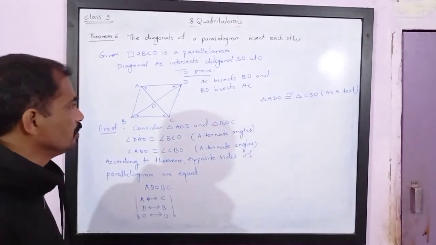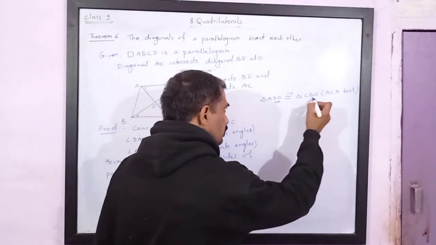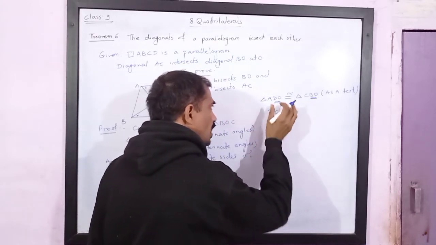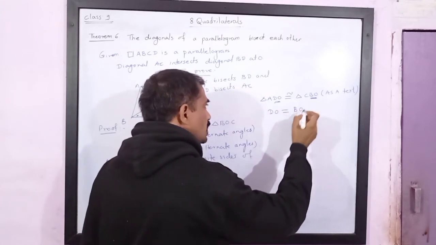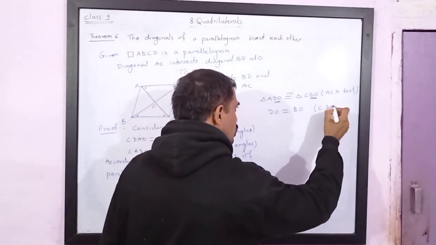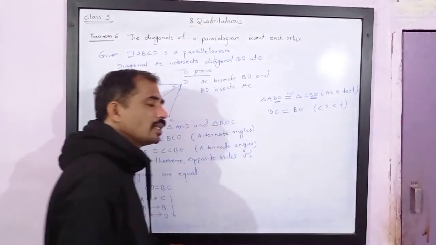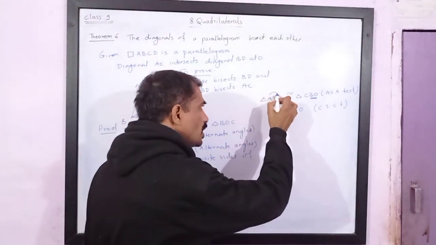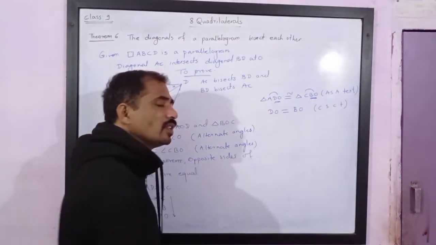So we need among this the second and third side. So it means DO is equal to BO. The reason is corresponding sides of congruent triangles, or you can write corresponding parts of congruent triangles. Also, side formed by first and third vertex is also equal to the side formed by first and third vertex.